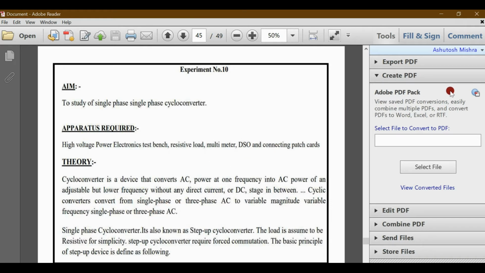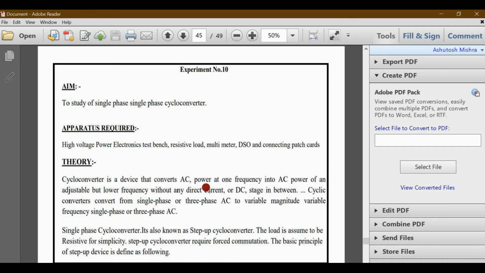Step down means the frequency will be reduced, from 50 hertz down to some level like 10 hertz, 15 hertz, 25 hertz. Basically the frequency is to be reduced, so that's why it is called a step down cycloconverter.